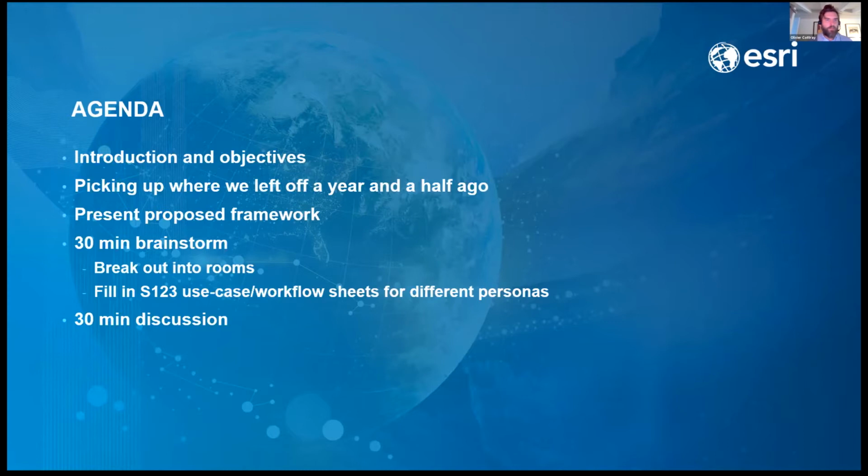Right now I'm seeing 15 of us total, including three or four organizers, which makes 11 participants. So I'm thinking maybe two groups, maybe three. Let's see when we get closer to the time.